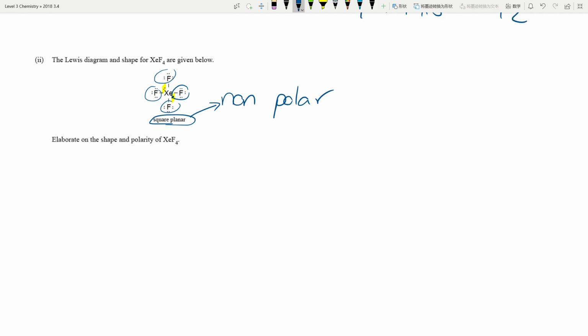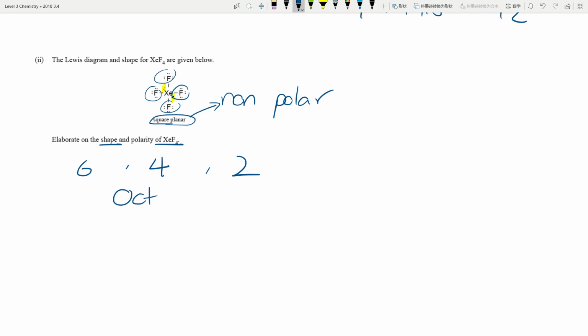That's just for you to get some easy points. Okay, now how do we explain the shape? So the shape for XeF4, let's just count. So that's 6 regions. I'm not going to write all this, so just hear me out. 6 regions of electron density around the central atom. You got 4 of them that are connected. You got 2 lone pairs. So these regions of electron density will position themselves as far away as possible to minimize repulsion.